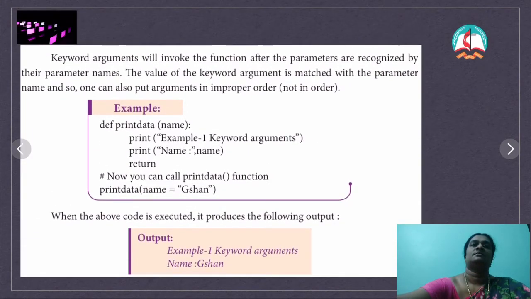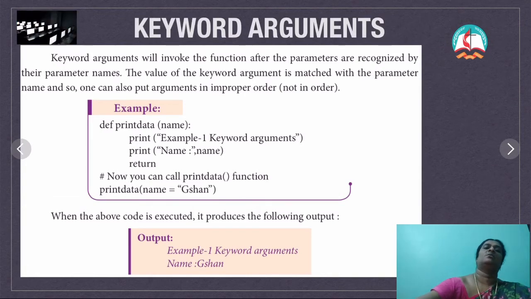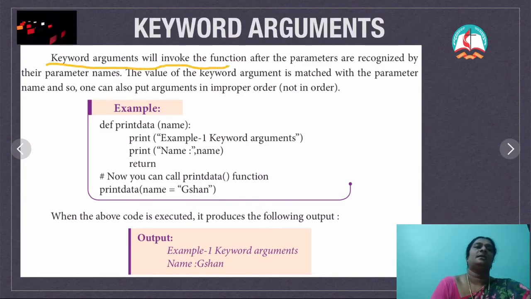And what is the next function we saw? Yes, keyword arguments. So what are keyword arguments? Keyword arguments will invoke the function after the parameters are recognized by the parameter names. The value of the keyword argument is matched with the parameter name. Let's see an example here.